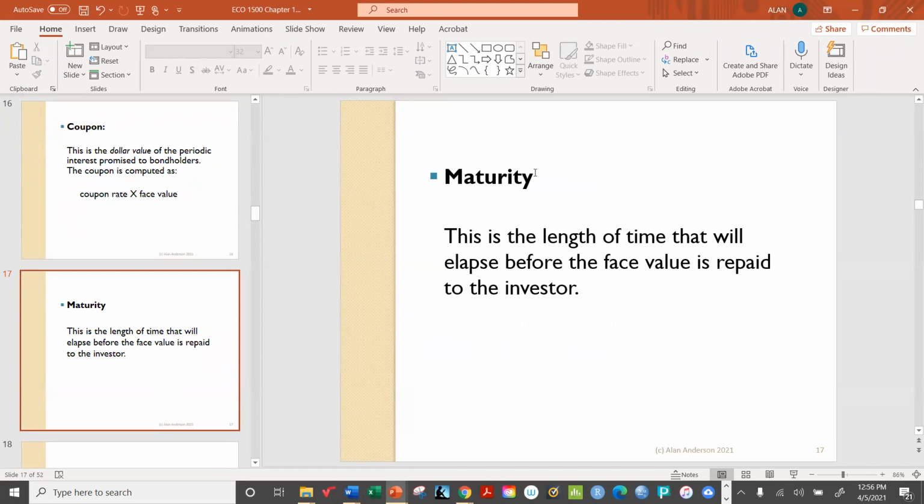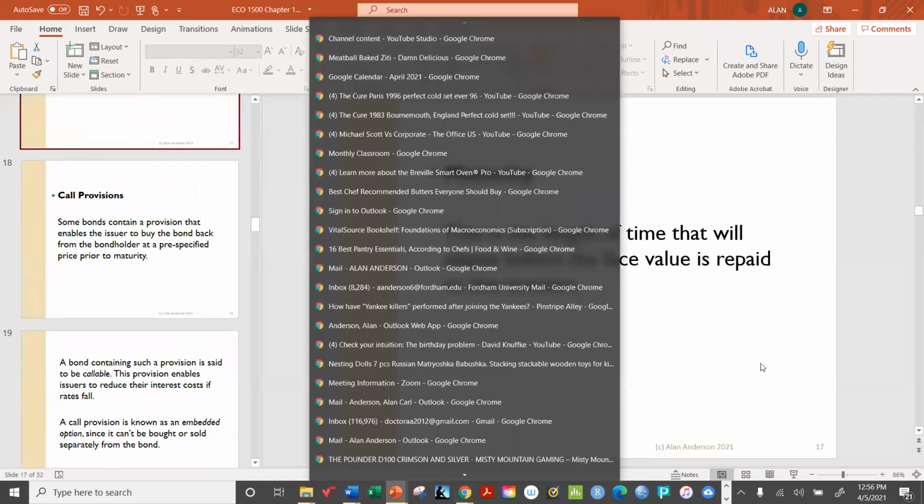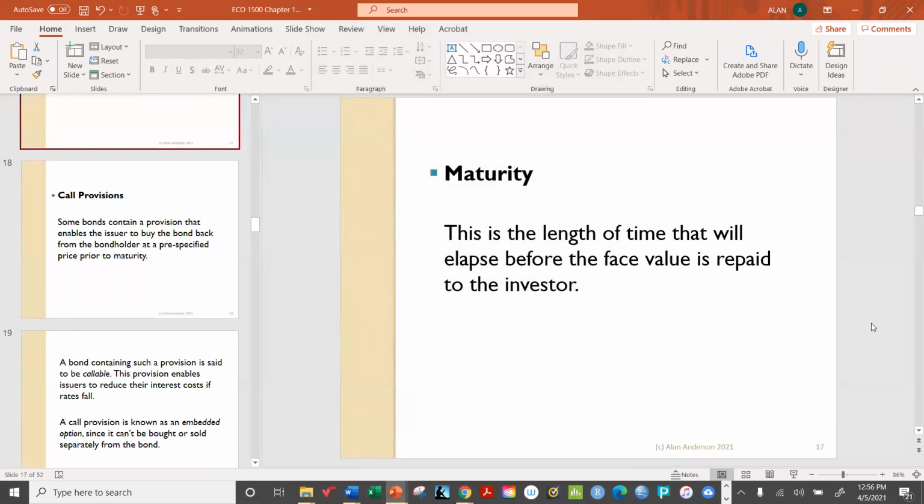In the United States, most corporate bonds have maturities of 30 years, but sometimes it can be a little less than that. But we also saw that the Treasury Department issues bonds that can go down to as low as 1 month. Why do they do that? It's convenience. The more convenient it is for you to buy Treasury securities, the more likely you are to buy them, and the more money you're going to be willing to lend to the Treasury Department.